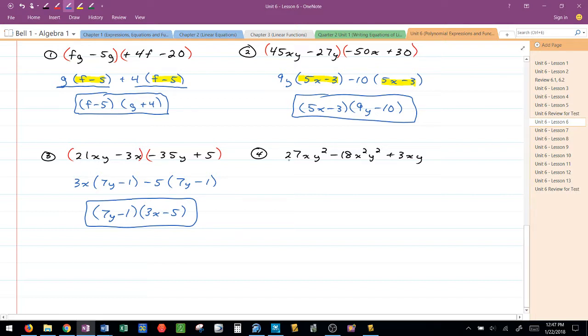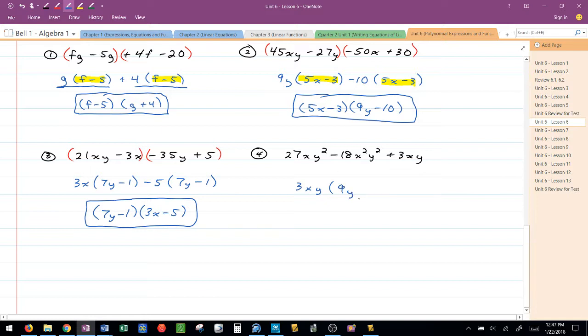We'll do the numbers first. I have 27, negative 18, and 3. 3. I have x to the first, x to the second, x to the first. They all have an x. Pull it out. Y squared, y squared, y. Pull it out. Just one of them was in common. Divide each of the 3 terms by that.